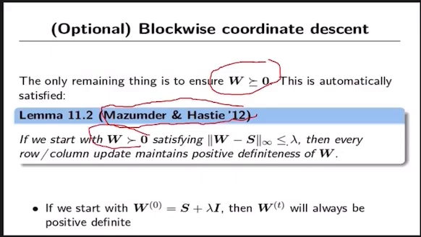They make sure that the absolute difference between the W and the sample covariance is within the regularization parameter. Take a look at this. Less than or equal to lambda. Lambda is the regularization parameter.